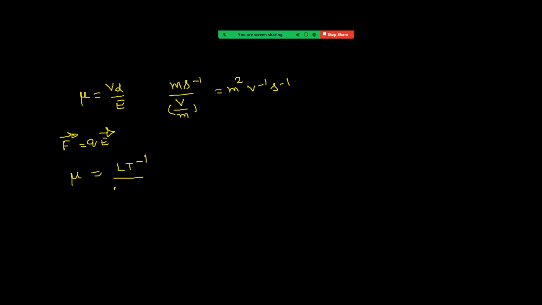Force means M L T power minus 2, by charge, charge means ampere into time. Okay, that's what we get. Time gets cancelled. Next, L and L get cancelled. Remaining is now M power minus 1, T power minus 2, A power 1. Like this, we can derive the dimension formula on the spot.